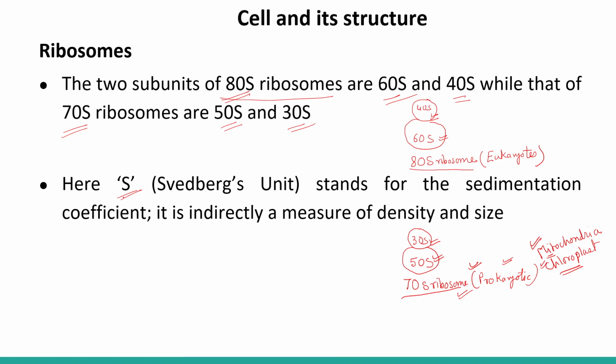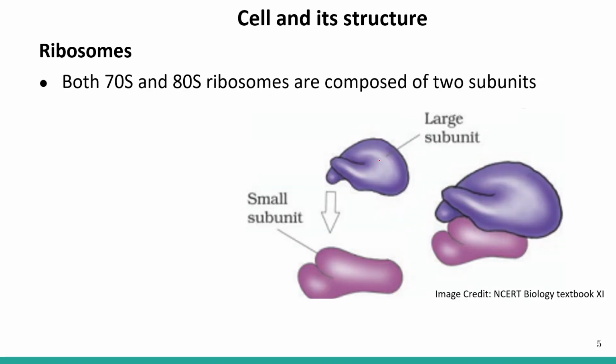Why do they have this S type? S means Svedberg's unit, which stands for the sedimentation coefficient, an indirect measure of density and size. So they denote the size depending upon the density. Here we can see the larger and the smaller subunit.